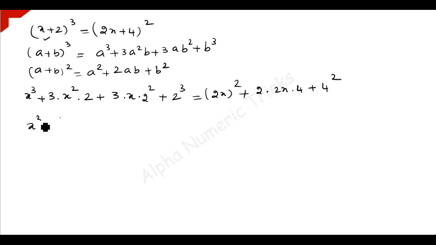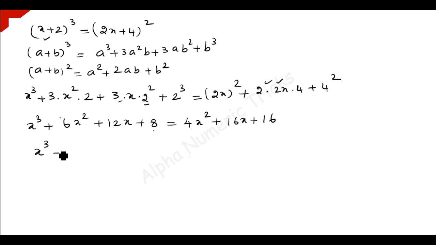So we have x cube plus 6x squared plus 4 times 3 is 12x plus 2 cube is 8, is equal to 4x squared plus, here you have 2 2s are 4, 4 4s are 16x plus 16.